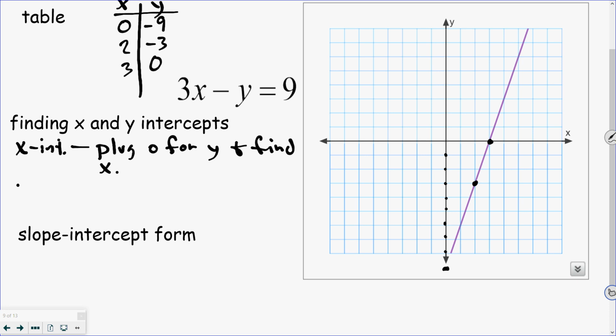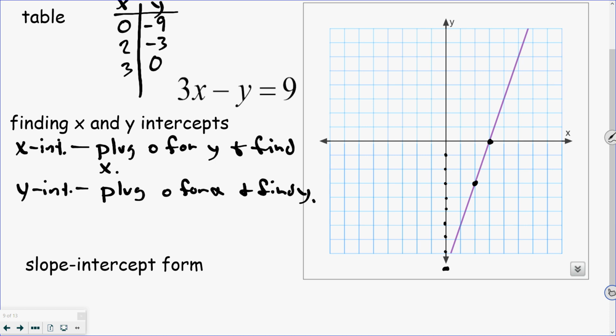To find the y-intercept, you plug 0 for x and find y. So let's do both of those. So it's going to look like this.